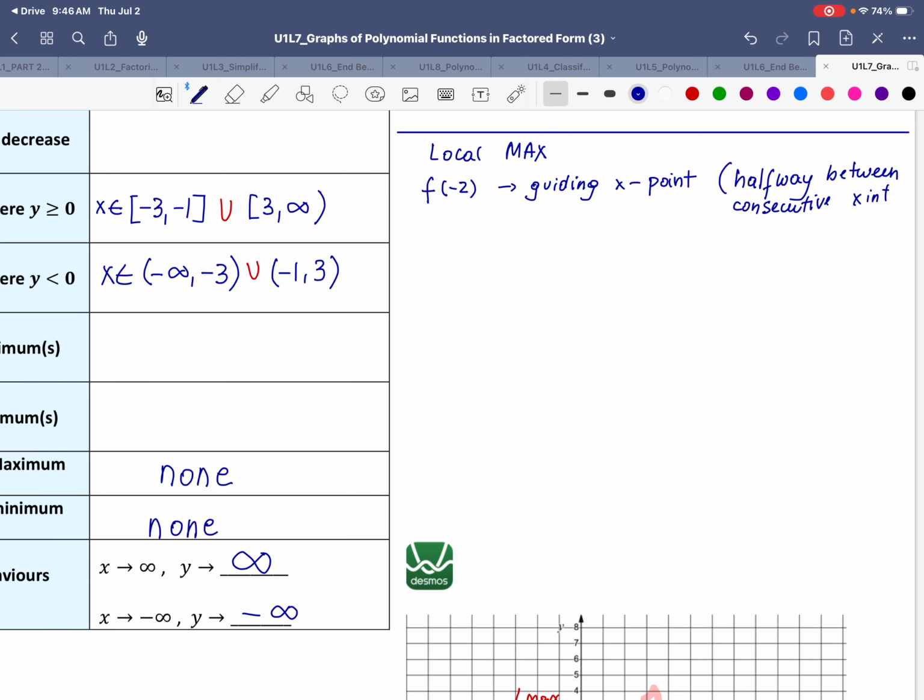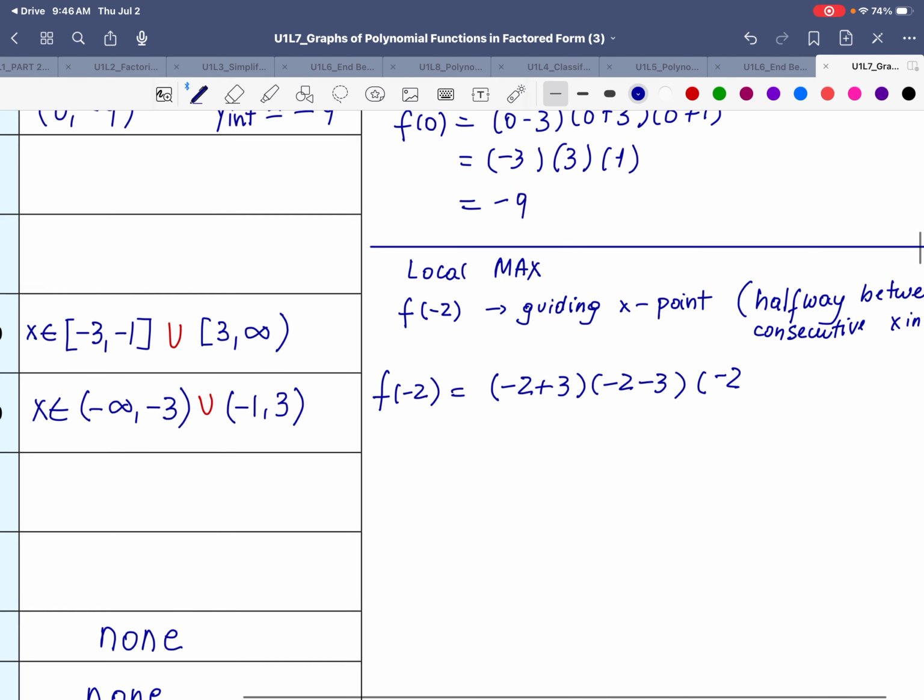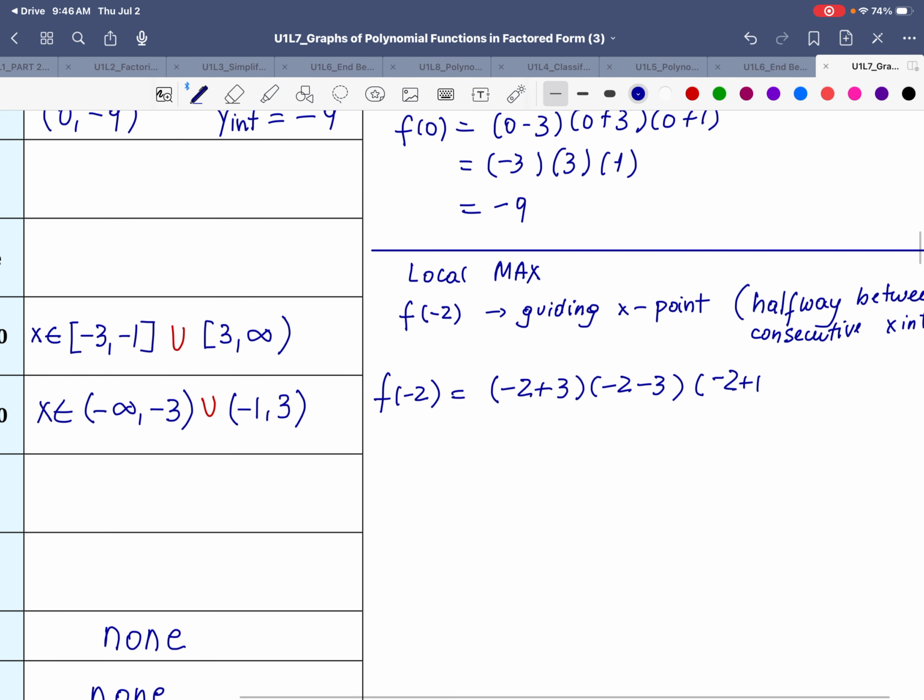So we'll do that. We'll find f of -2 for the function that is x plus 3, x minus 3, and then x plus 1. So as you can see, instead of x, now we have written the value where we're evaluating the function.